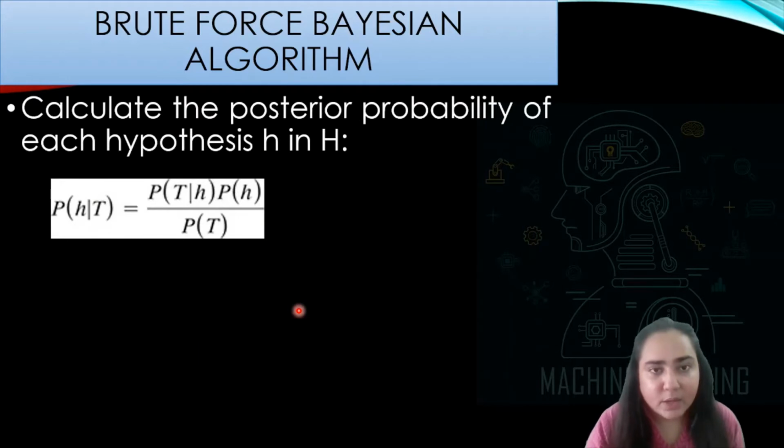Okay. Now you have to calculate the posterior probability of each hypothesis, small h in capital H, because there's not just one hypothesis. We are dealing with multiple hypotheses at the same time. So you have to calculate the posterior probability of each of these hypotheses, okay?